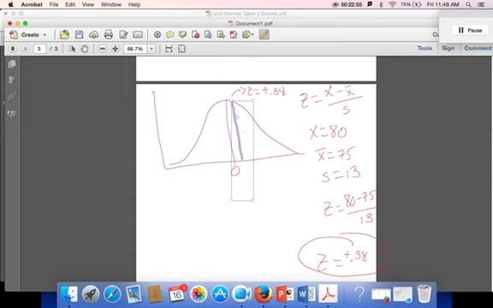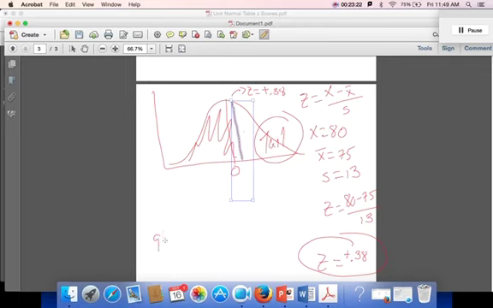So now in this particular case, this now becomes the body of my distribution. So all of this side is the body, and this is my tail. Okay? So why am I now going to look at the tail of the distribution? Because this line here represents the minimum cutoff of an 80, and anything beyond this point in terms of this line, anything beyond 0.38 positive is going to be a higher value.